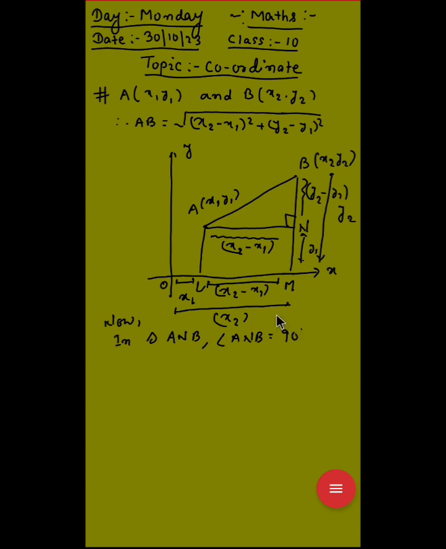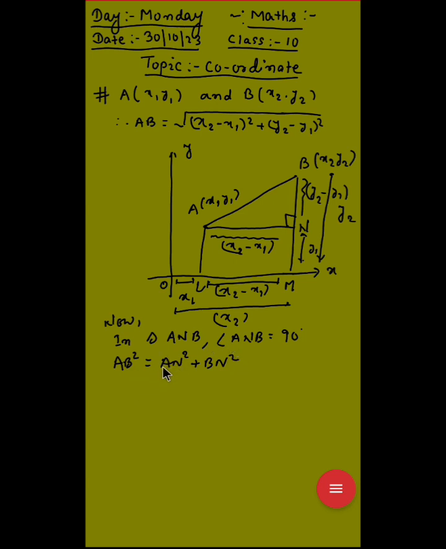So we are using the Pythagoras theorem. The Pythagoras theorem simply says that AB square is equal to AN square plus BN square. So I have written all these things.